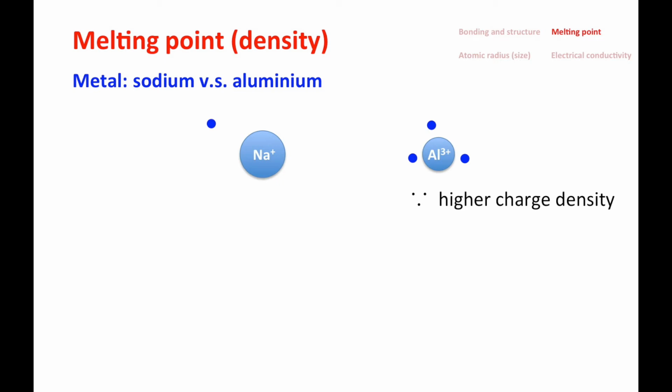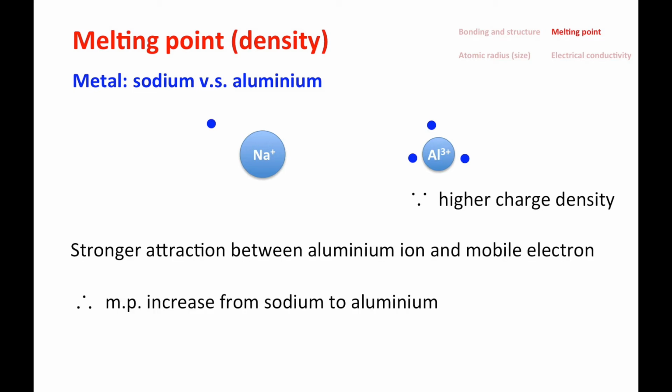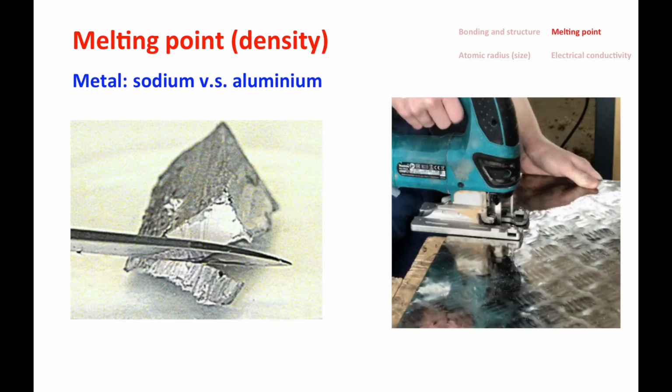So the aluminium ion has higher charge density, and hence there is stronger attraction between the aluminium ion and the mobile electrons, and this increases the bond strength and the melting point and density of the metal. That's why sodium is so soft that it can be cut by a knife, but aluminium cannot.